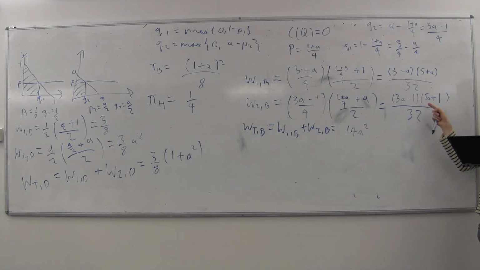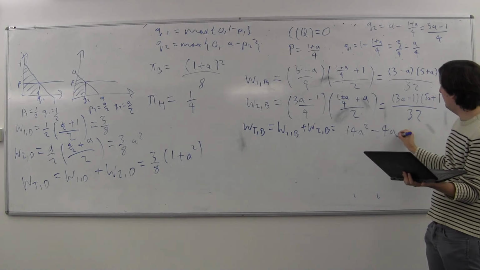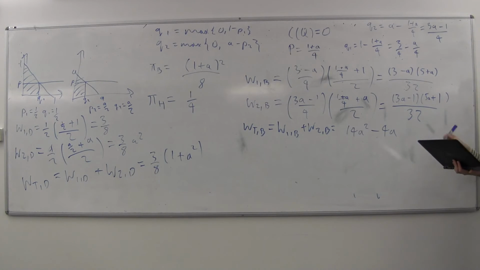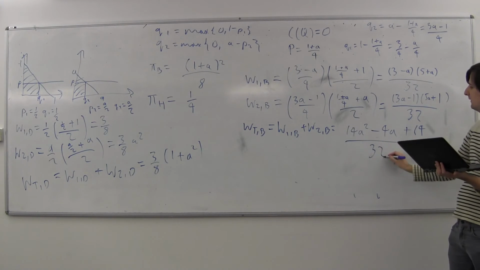So 3 minus 5 is minus 2. So in total we have minus 2 from here, minus 2 from there, so we get minus 4a. And then the constant terms, we get 15 from here, and minus 1 from here. So in total we have plus 14, all divided by 32.